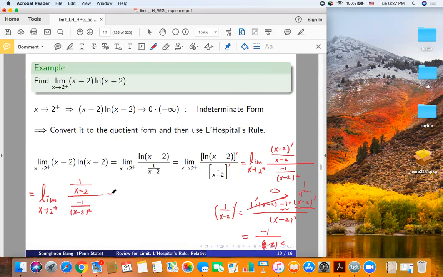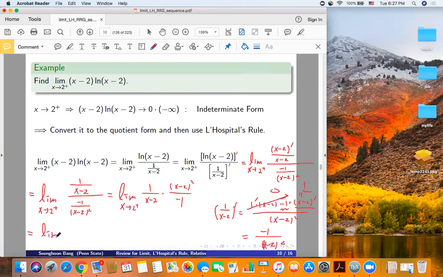squared. You can change this complex fraction to a simple fraction. Limit as the x value approaches 2 from the right: the numerator is 1 over (x minus 2), times the reciprocal of the denominator, (x minus 2) squared over minus 1. So what's the next step?